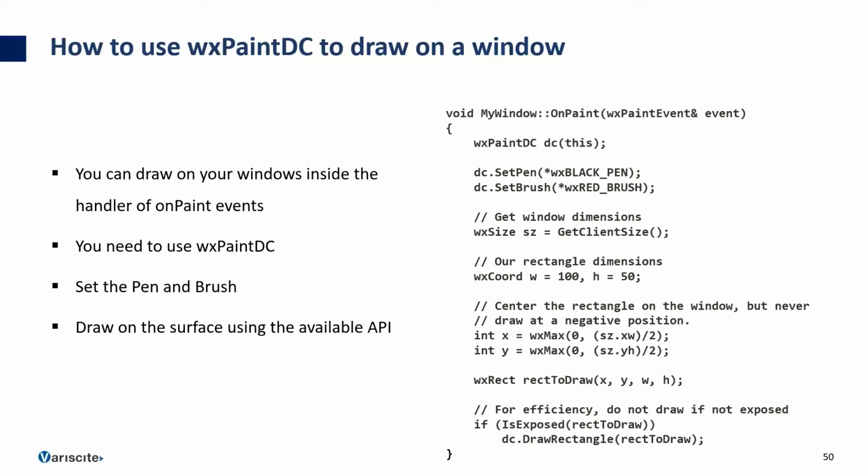This is the function called onPaint, so the onPaint event. The device context can set the pen style, the brush style, get the size of the current area, do whatever you like, draw rectangles and so on.